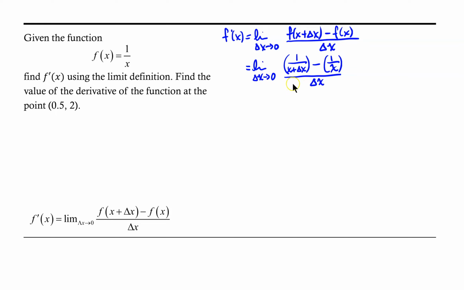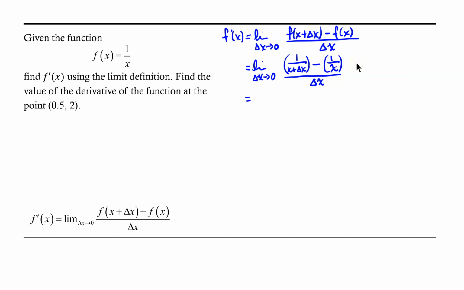Now, we cannot evaluate this limit as it currently stands because as delta x goes to 0, my denominator goes to 0, which is undefined. So we're going to use some algebra to combine our two rational functions in our numerator, and in that process look for an opportunity to remove this delta x from our denominator.